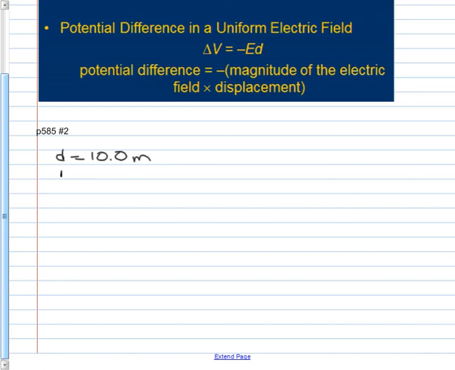So that's our capital E. 75 newtons per coulomb. And they say its potential energy decreased by 4.8.